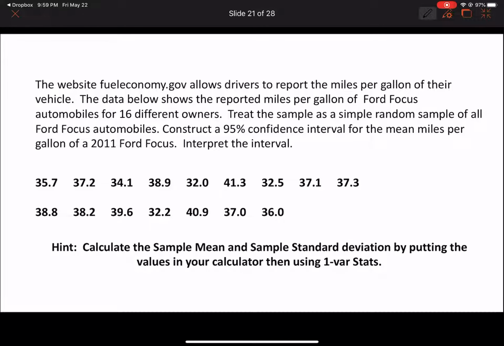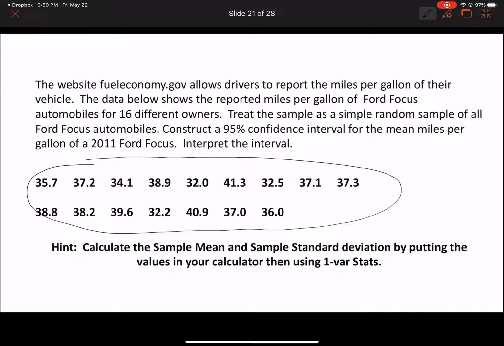And I want you to try this example using the same math that I just used. So what I recommend doing with the data is put all of these numbers into the L1 of your calculator. What we're looking at is the fuel economy in miles per gallon of different Ford Focus automobiles for 16 different owners. There's 16 here. So you're going to be looking at n-1 degrees of freedom on your t-table, so you'll look at 15.